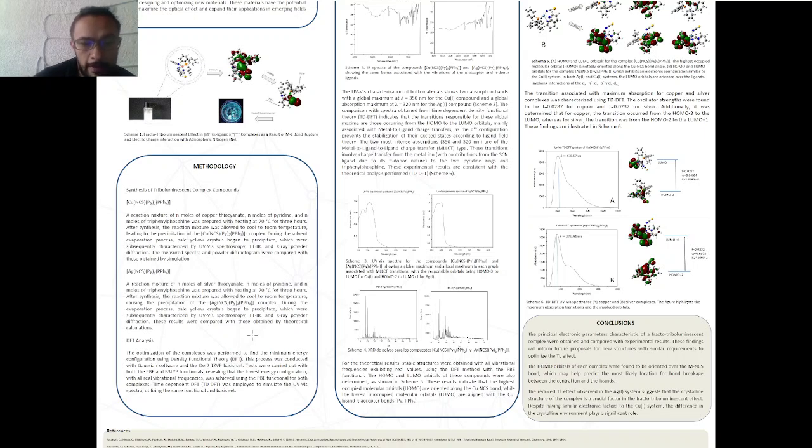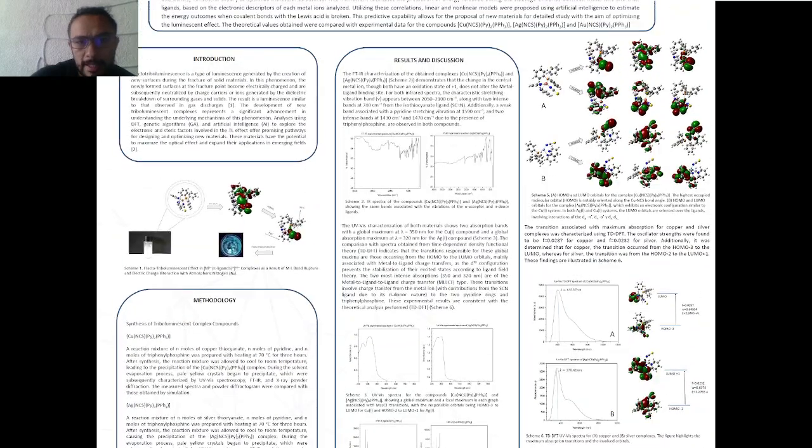For this case, we use the def2-TZVP basis, and to obtain a theoretical UV-Vis spectra, we use time-dependent density functional theory, with the same functional and the same basis. With this, we want to obtain the configuration of minimum energy and the HOMO and LUMO orbitals of the complexes.